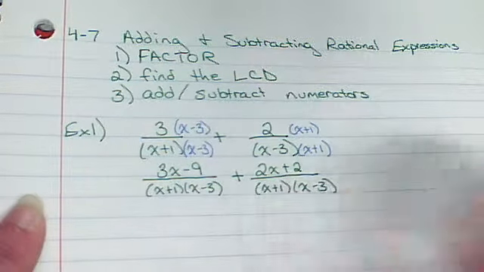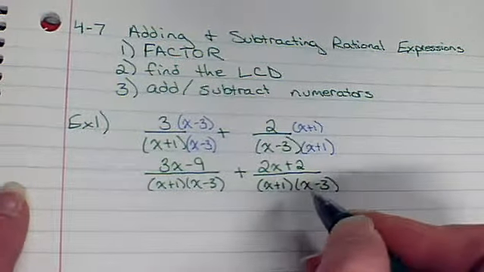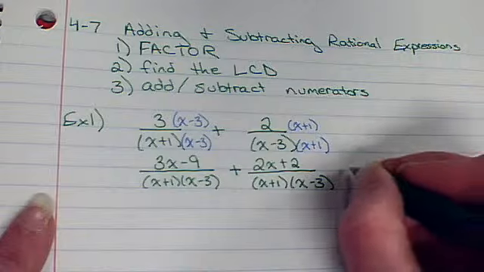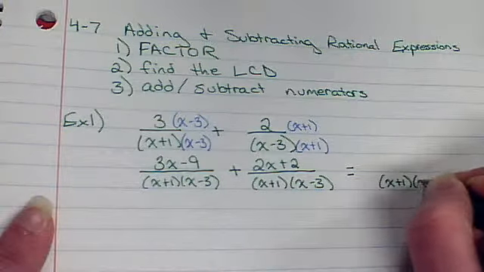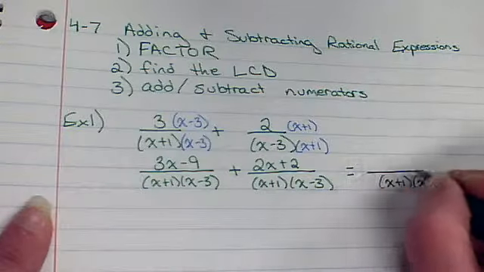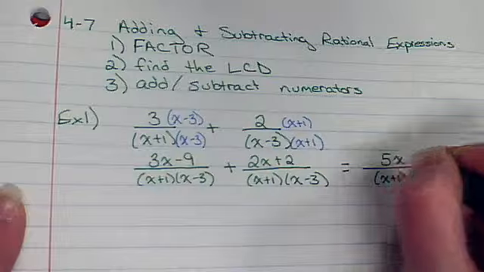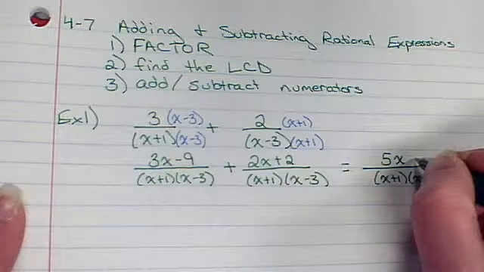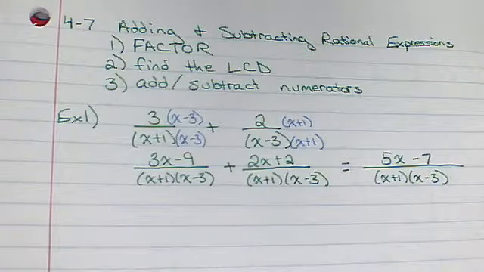It doesn't matter what order. Now remember, when you have fractions, the denominator is going to stay the same at the end, we're just going to add the numerators. So 3x plus 2x gives me 5x, and then negative 9 plus 2 gives me a negative 7. My mind was working faster than my pen.